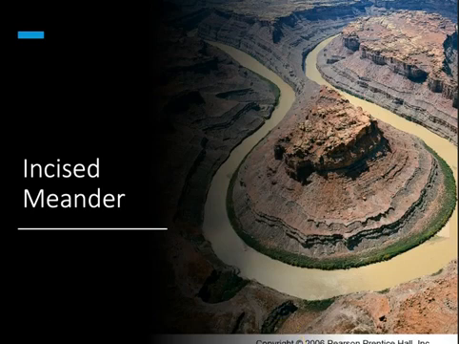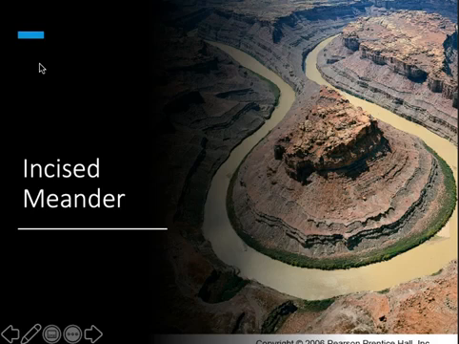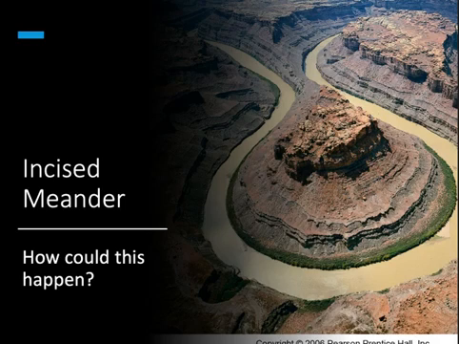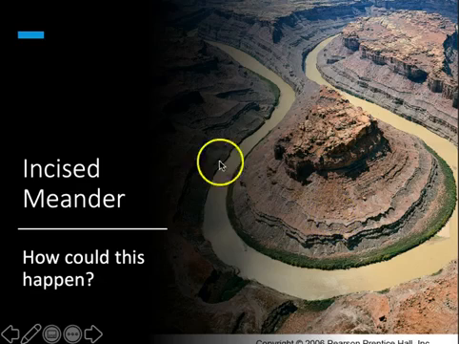Then we have these incised meanders. An incised meander is a rare combination of a meandering stream and a bedrock channel stream. How could this happen? These form when the region over which a meandering stream flowed was uplifted, increasing the stream's gradient and downcutting into the bedrock.